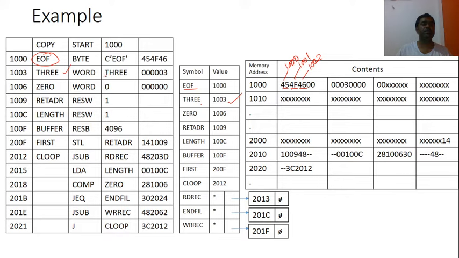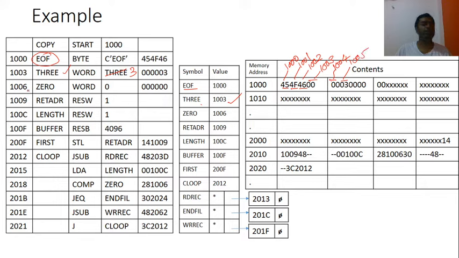The object code is 000003 corresponding to this one. We have to load this object code in the memory. 000003 is at address 1003, this one at address 1004, and this one is at address 1005.